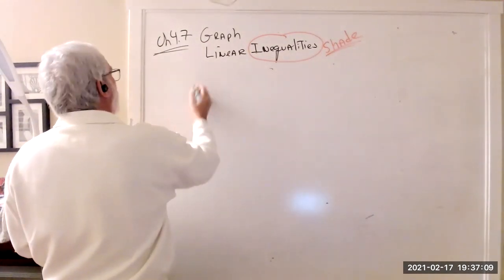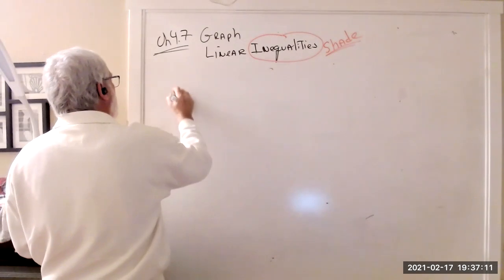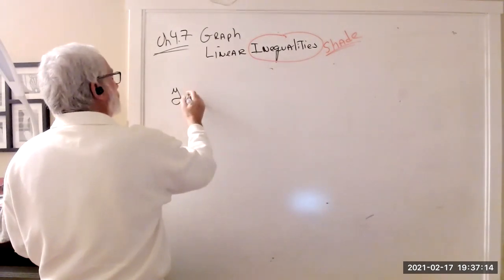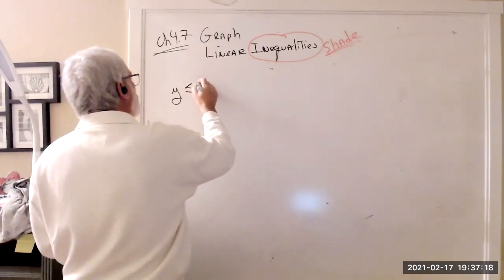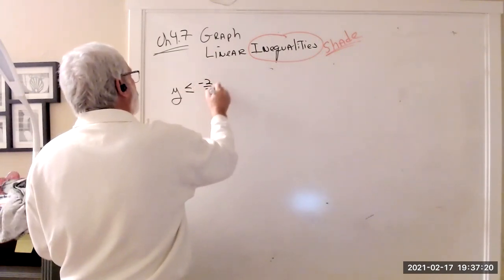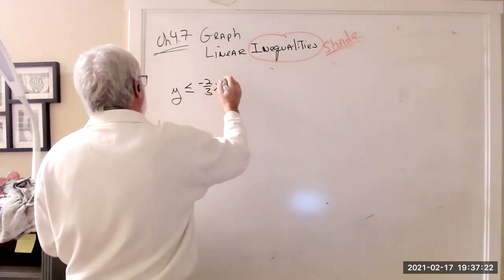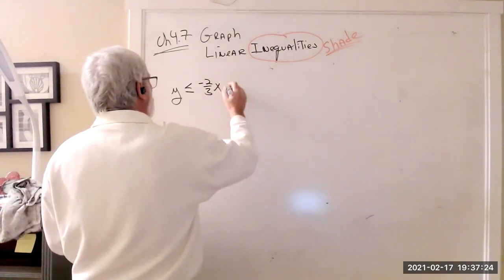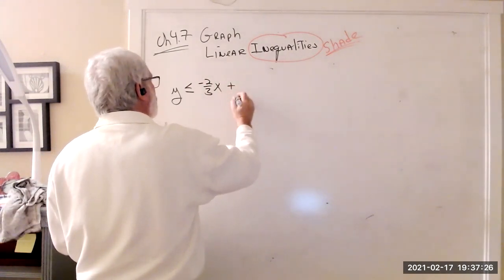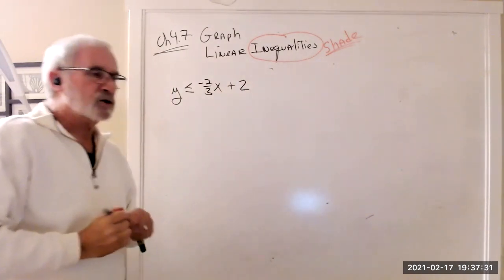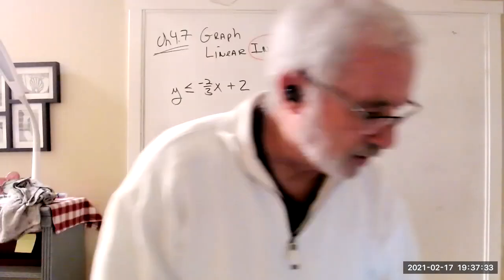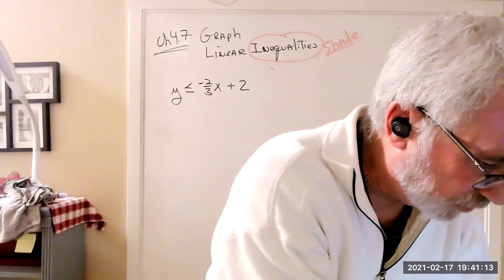Okay, I want you to graph this problem. y less than or equal to negative 2/3 x plus 2. So we'll pause it. I'll let you work on it for just a second, and then we'll come back and work it as a class.